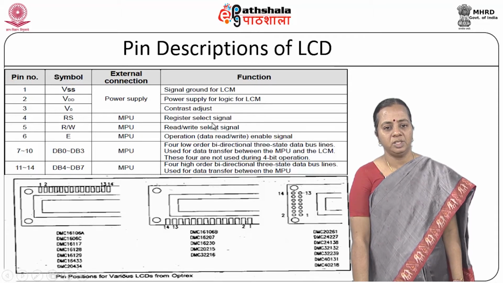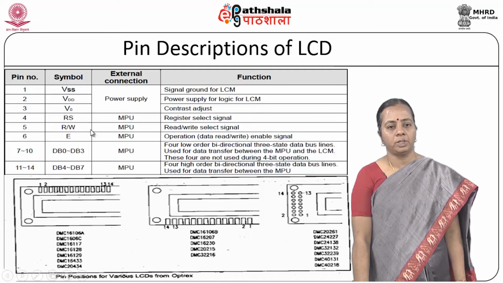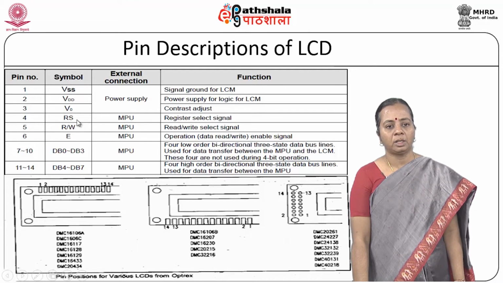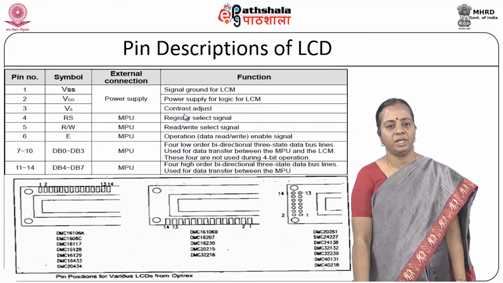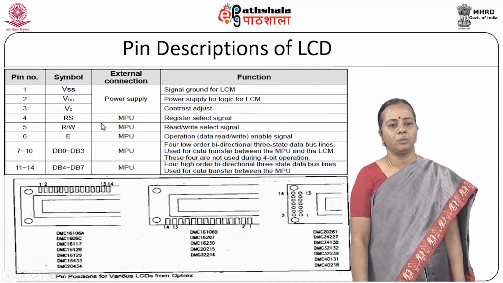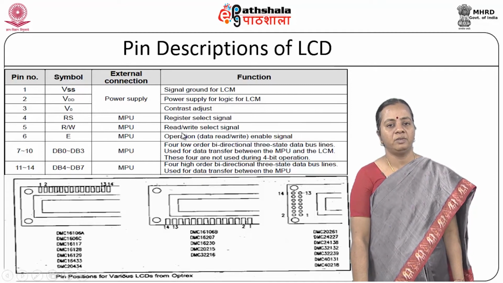Then the register select pin is also there with your LCD. The register select signal says whether we will be sending a command to the LCD or sending data to the LCD. This is discriminated by sending either 0 or 1 to RS of the LCD.